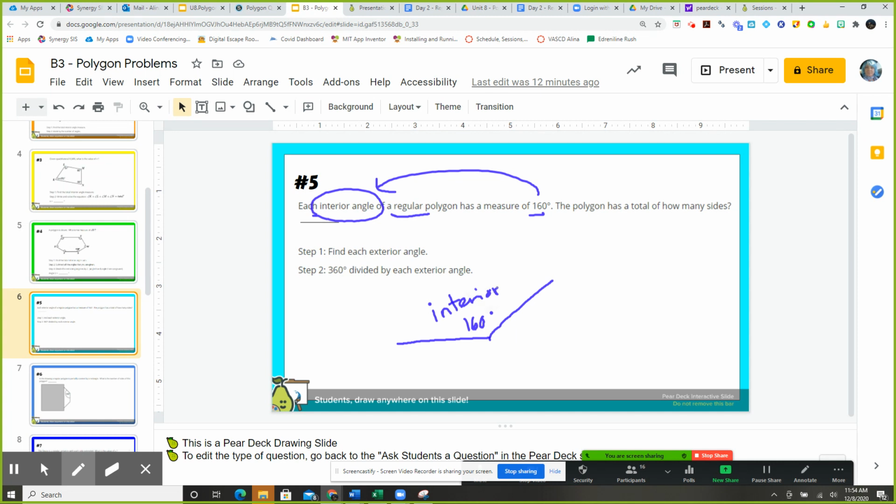Right? So if you have your snowflakes handy, you can look at your octagon, right? If I know the interior angle is 160, what's the exterior angle? 20, right? And if I know all of the exterior angles equal 360 degrees, can I do 360 divided by that exterior angle equals the number of sides?